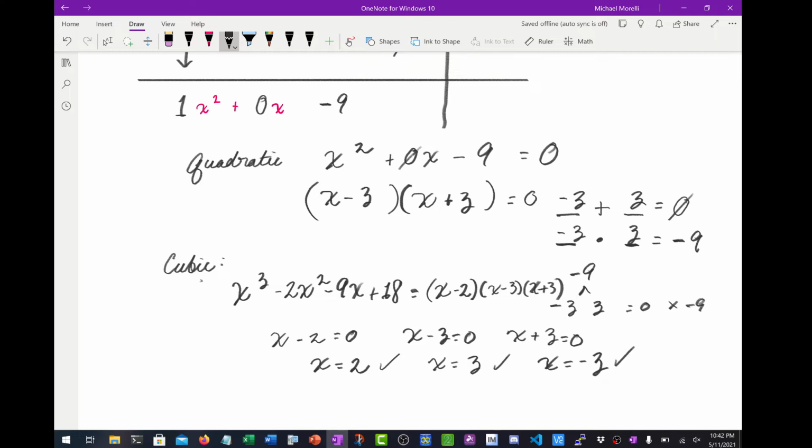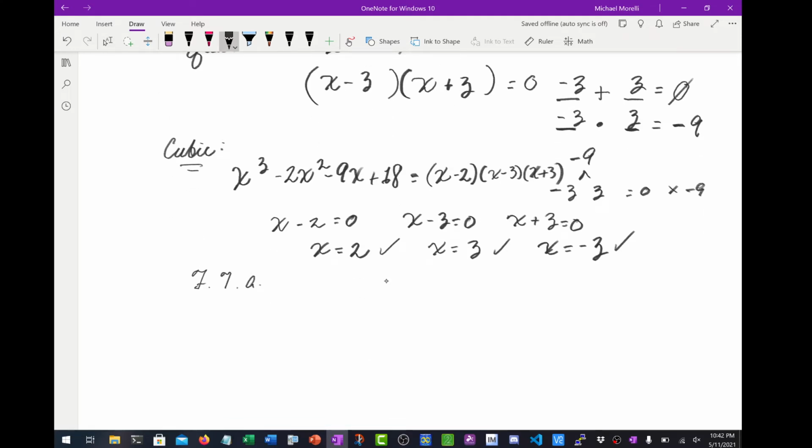And sure enough, that makes sense because according to the fundamental theorem of algebra, there should be 3 solutions. So that means that this cubic equation crosses the x-axis in 3 places. It crosses at positive 2 right here, at positive 3 right here, and at negative 3 right here.